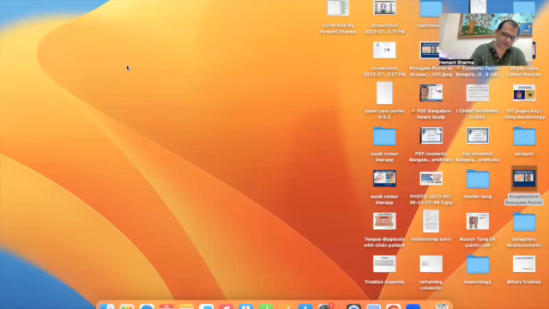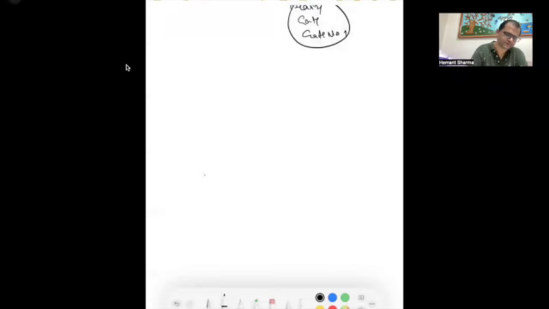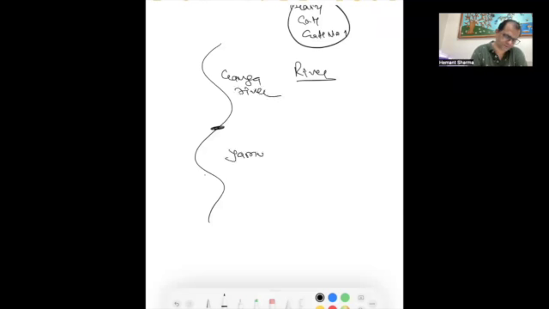Under the discussion of meridians, we have discussed that there is a river. This is the river. Before that point, we call it Ganga River. And after this point, we call it Yamuna River. The river is the same.